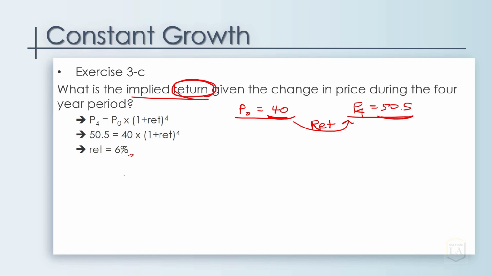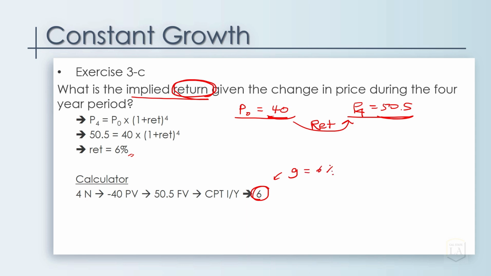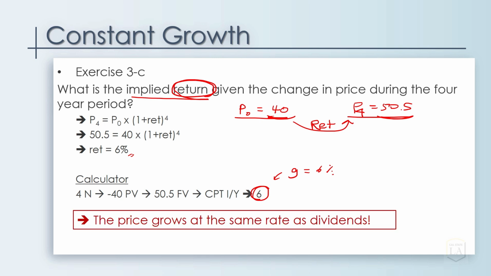If we just use this price information, we would obtain 6%. It can also be done more easily with the calculator, and once again it will give us 6%. Okay, so this 6%, if we try to recall from the earlier exercise, is the same thing as G. Note that our growth rate was 6%. So here our key takeaway is that the price growth should be the same rate as the dividend growth rate.